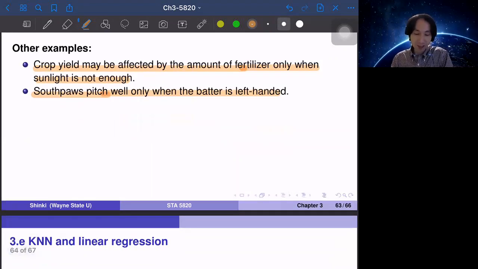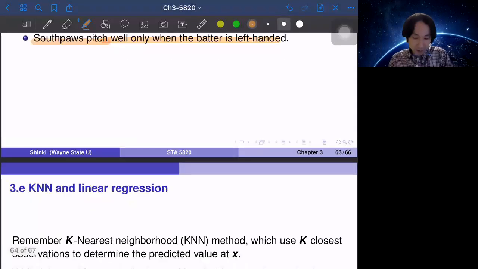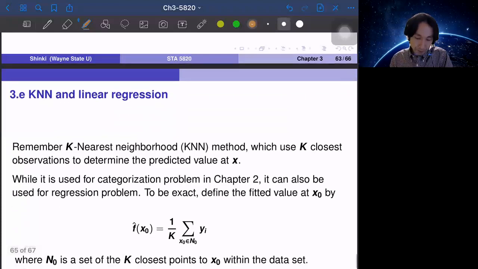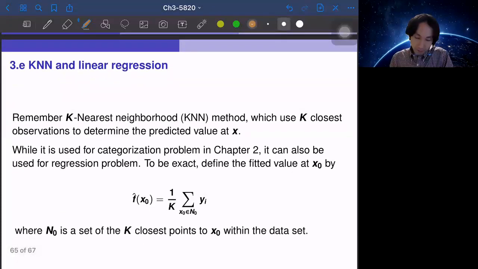It's not that southpaws are always better, or right-handed batters are better, but if we think about the match between southpaws and left-handed batters, then the pitchers have advantages. So you can include the interaction terms.